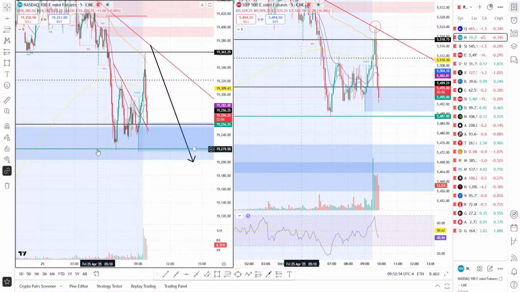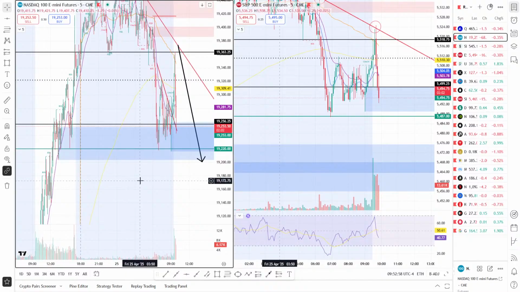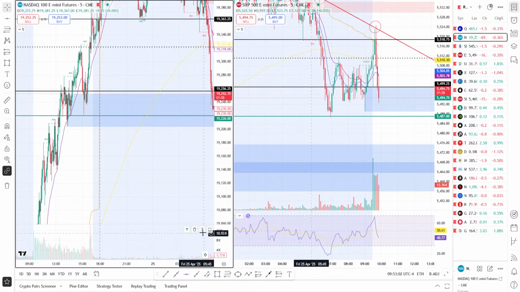Gotta be careful here. Buyers might want to hold this up, but I think we could get down to these levels down here. Take a closer look.